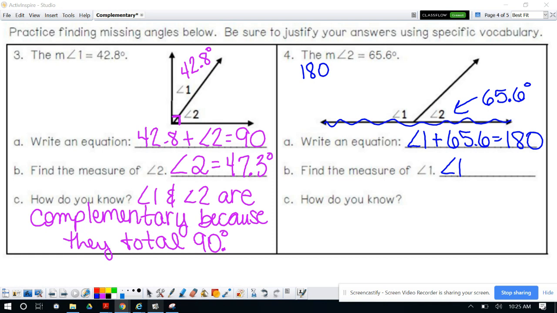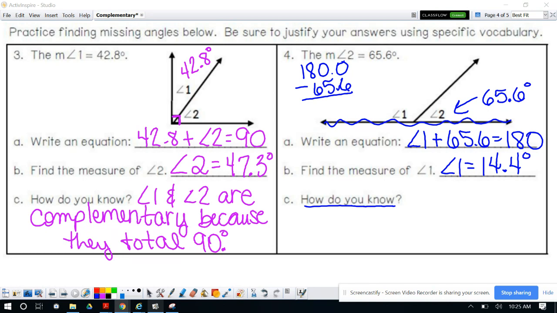Remember to line up your decimals. 65.6. Remember how to set those up. You subtract like that, or you can plug it in your calculator. And you would get 14.4 degrees. So again, we're justifying. How do we know?